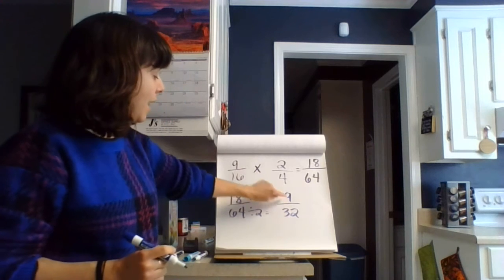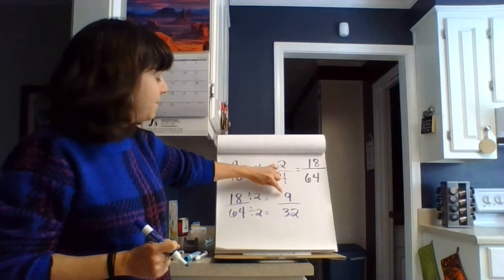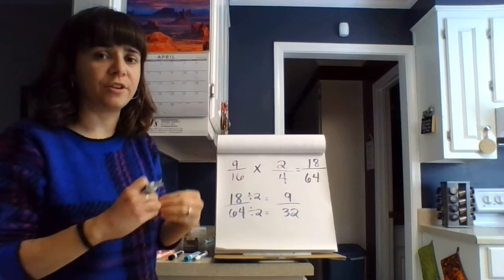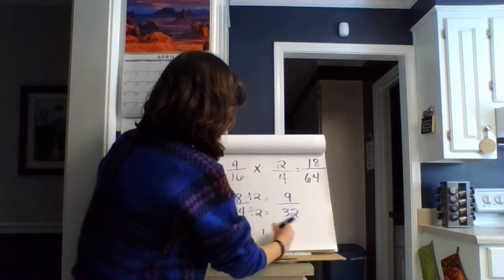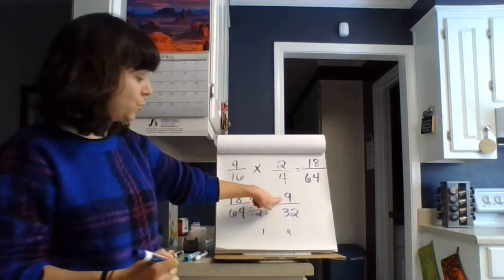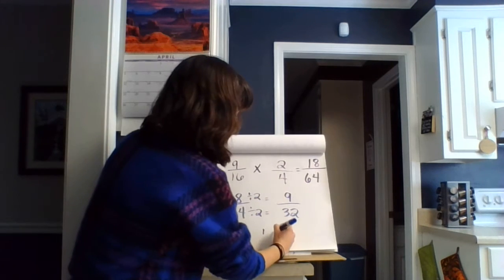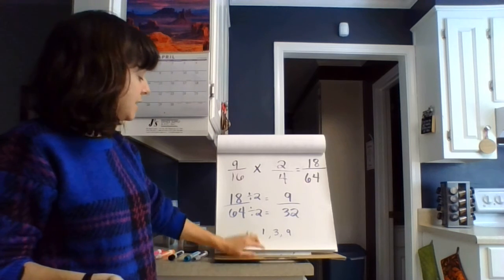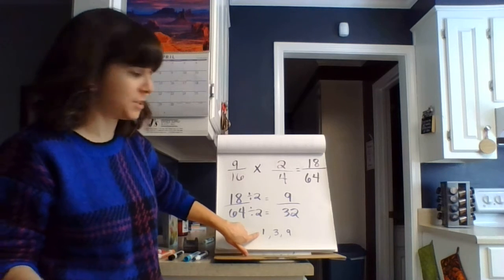Okay? So I'm trying to see if I can simplify any more. If I think of the factors of 9, the numbers that multiply together to equal 9, I have 1 times 9. 2 will not evenly divide into 9. I have 3 times 3, and those are pretty much the only factors. So I can divide both of these by 1, but I'm going to have the same answer.